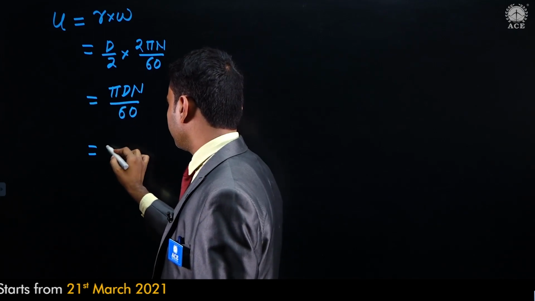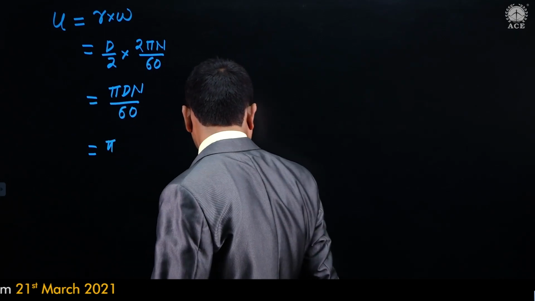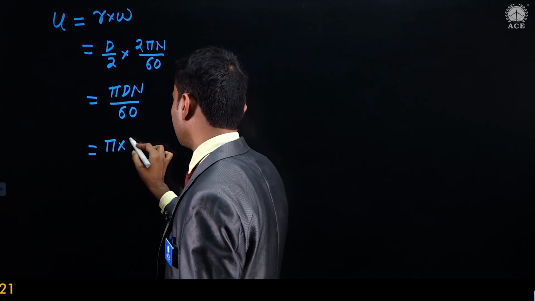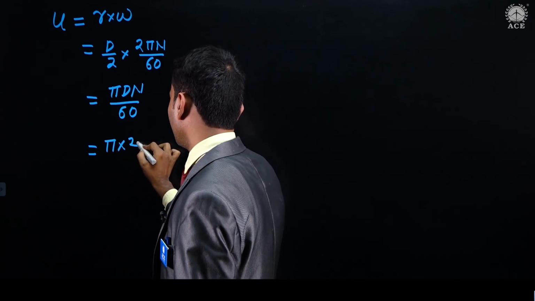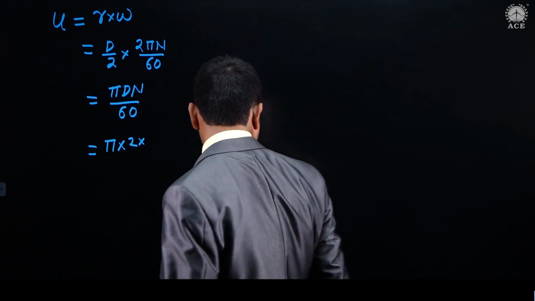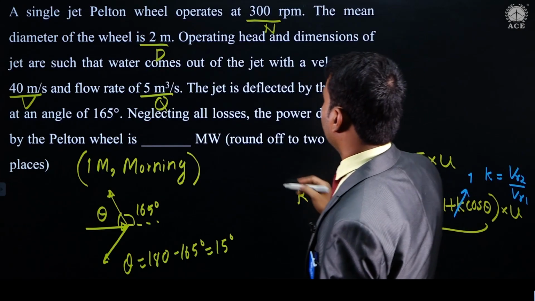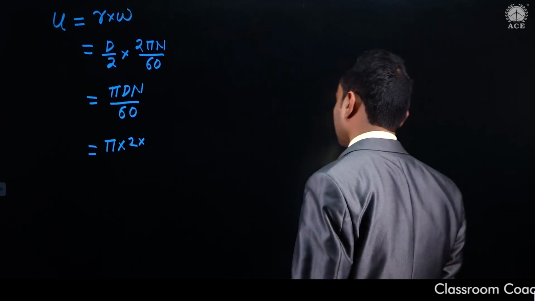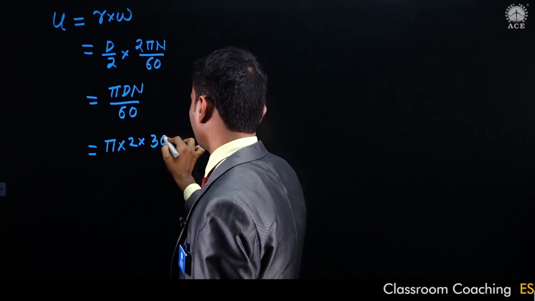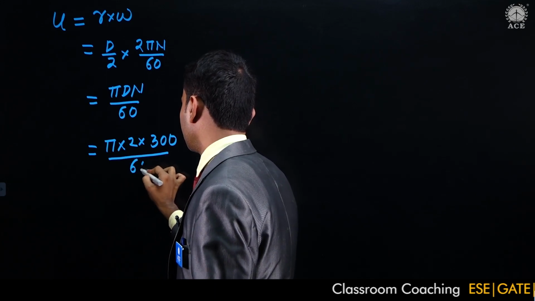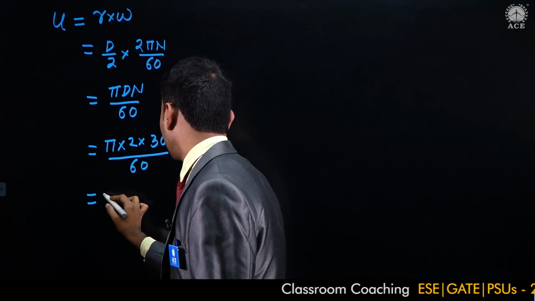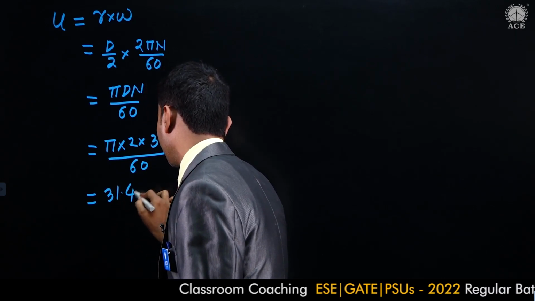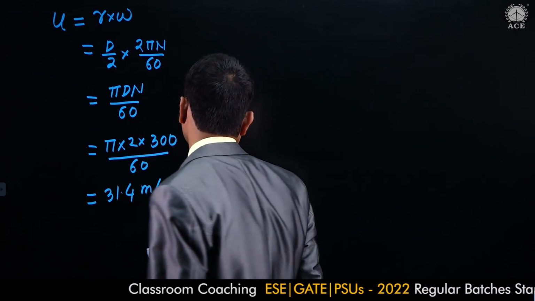So pi into diameter 2, into N 300 rpm, divided by 60. You will get 10 pi, which means 31.4 meter per second.